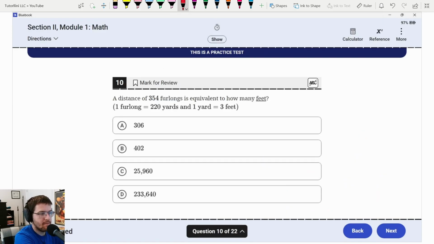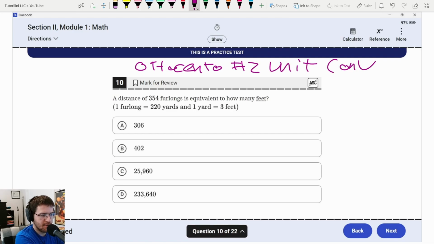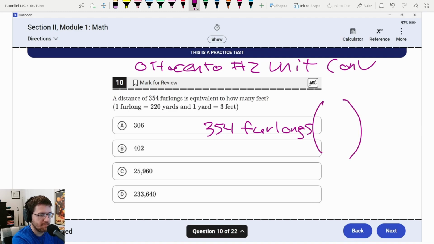Okay, question 10. I go over unit conversions in great detail in my Ottocento number 2 on unit conversions. Definitely go check that out if you haven't already. I'm just going to assume you've already watched that. All right, so I'm going to start with 354 furlongs. And then I'm going to set up a parenthesis, and look for the unit that has furlongs in it.